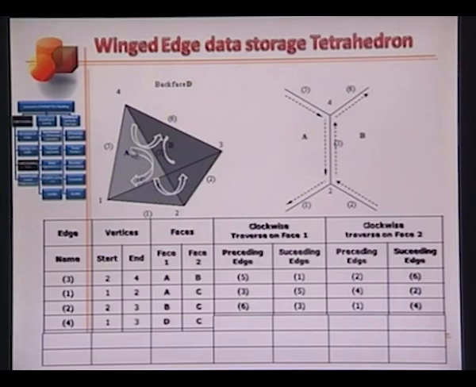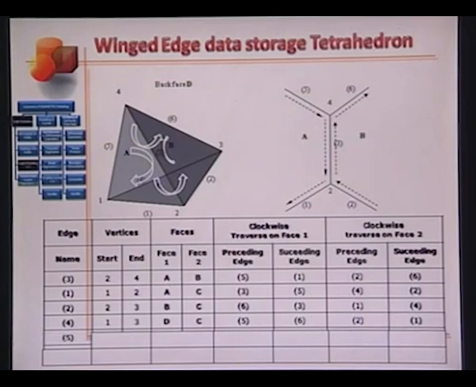On D, note this orientation here: the preceding edge is 5 and the succeeding edge is 6. For face C, the preceding edge is 2 and the succeeding edge is 1.